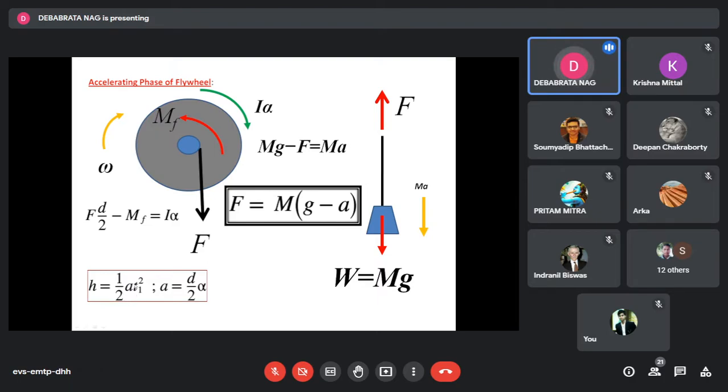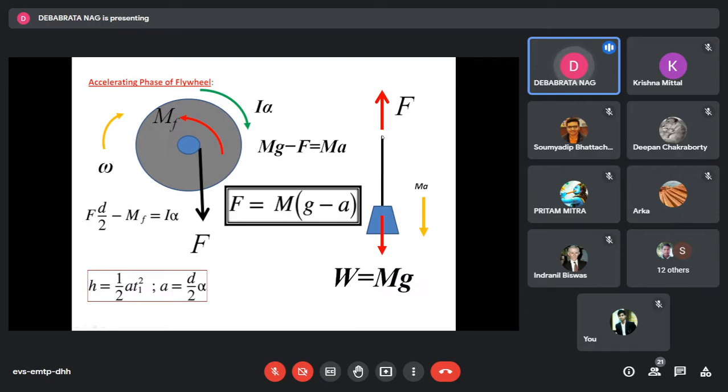Once a is calculated, we assume that the string is not slipping on the surface of the shaft while the whole thing is accelerating. If that be the case, then the relationship between the linear acceleration of the point on the string and the angular acceleration alpha will be given by this equation: a equal to d by 2 into alpha, because this will be the acceleration of the point of contact of the string on the surface of the shaft.